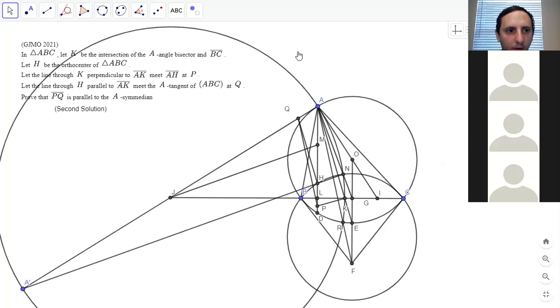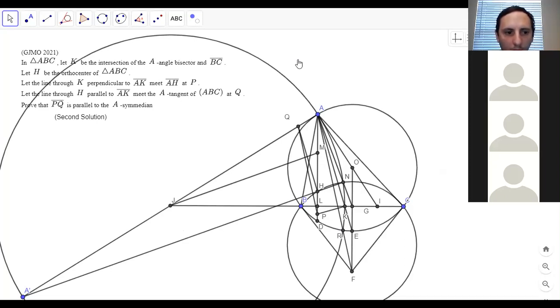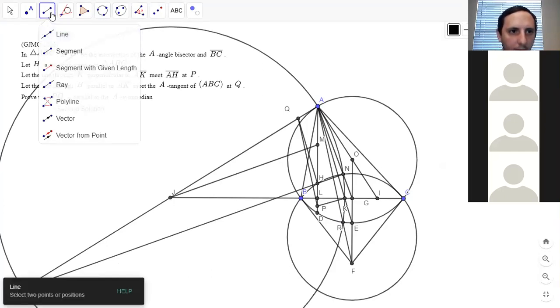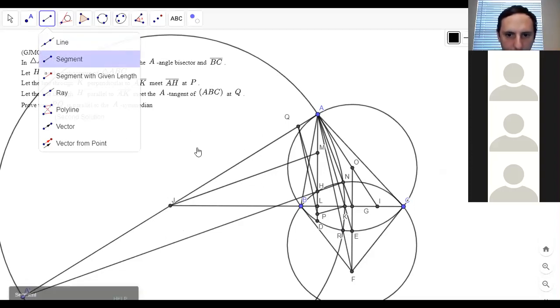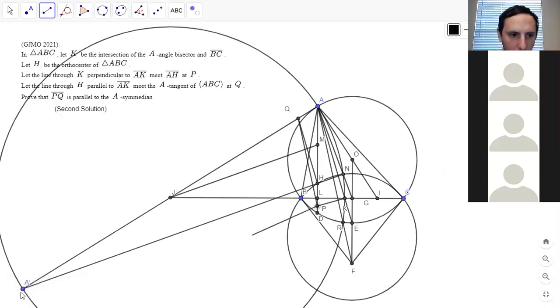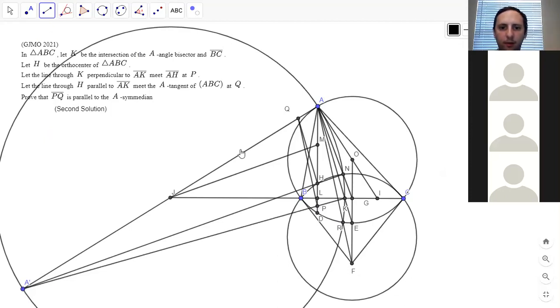Since P, K, and A prime are collinear, that makes sense.